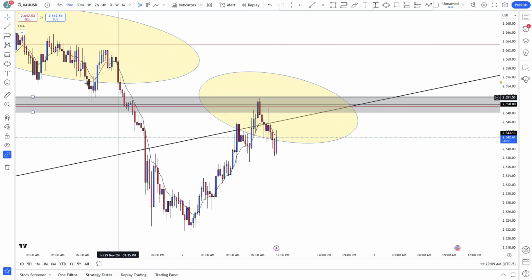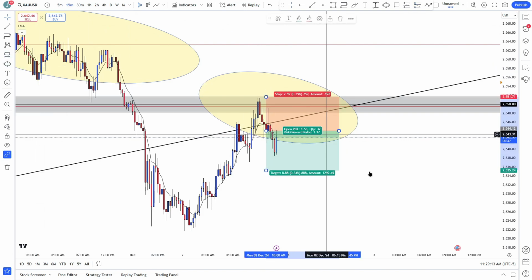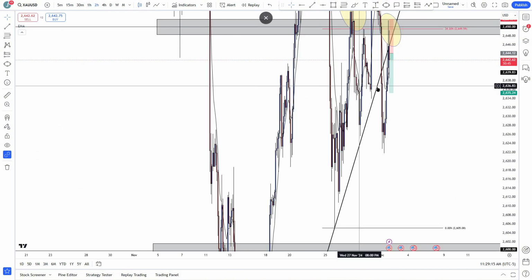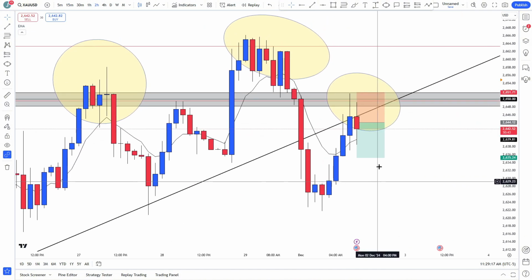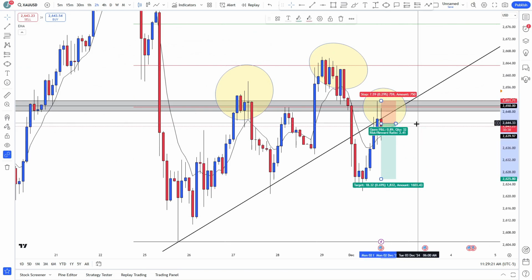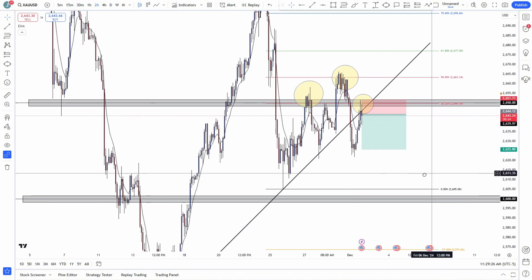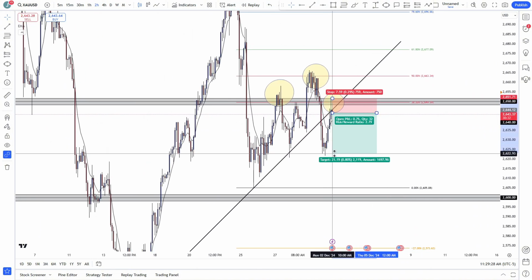So right here, honestly, boom, enter here, stop loss right here. TP, you could have your TP at the next level right here. This next area that price stopped at. Boom, have it here. Boom, next level.